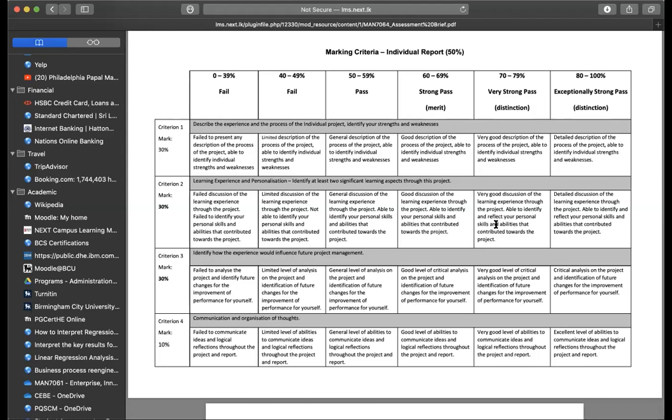Or you can say, I was probably the head of marketing in this organization, so I know exactly how that organization's operations are set, and that was an advantage, a strength in terms of knowledge.